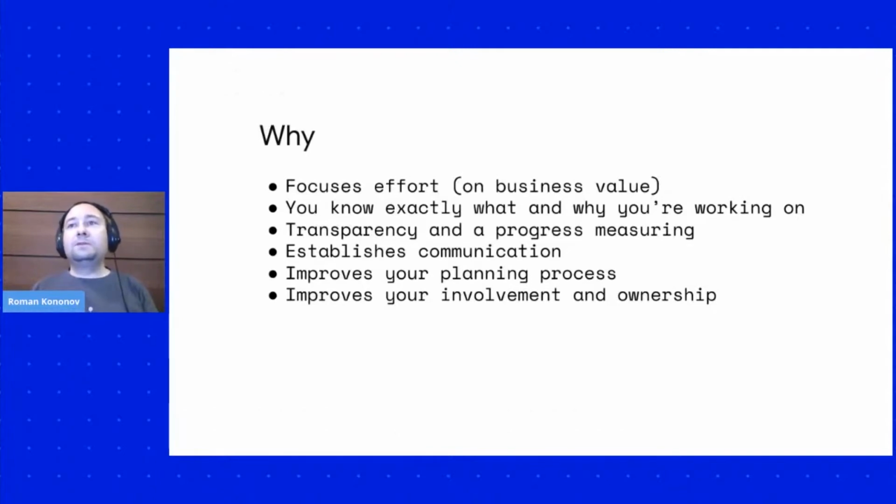Transparency and progress measuring. For transparency, it's very important that not only your team understands what they do and why they do it, but also other teams or other managers, or a completely third-party person from a different team in a huge company. He could go to you directly and ask, what are you working on and why?